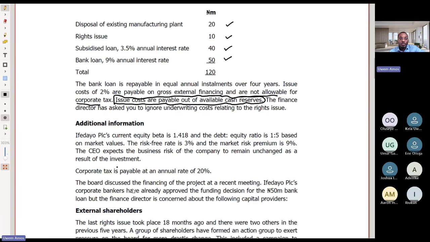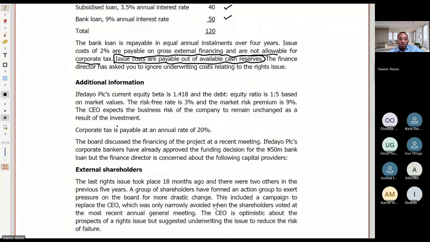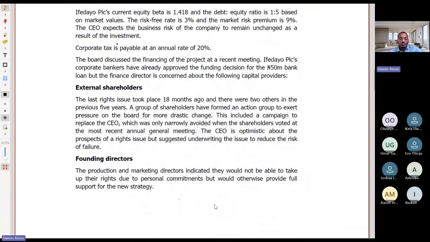The board discussed the financing of the project in a recent meeting. Ifedayo Plc's corporate bankers have already approved the funding decision for the 50 million bank loan. But the finance director is concerned about the following capital providers. 1. External shareholders. The last rights issue took place 18 months ago, and there were 2 others in the previous 5 years.